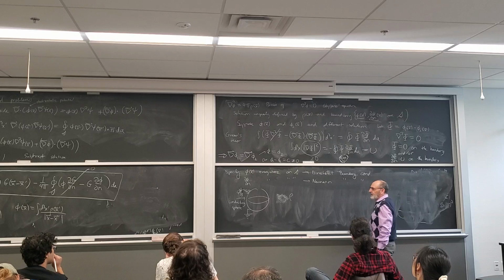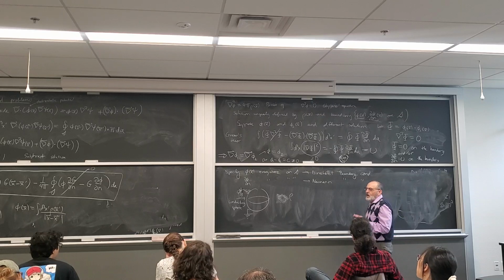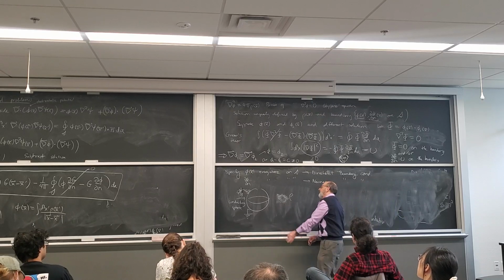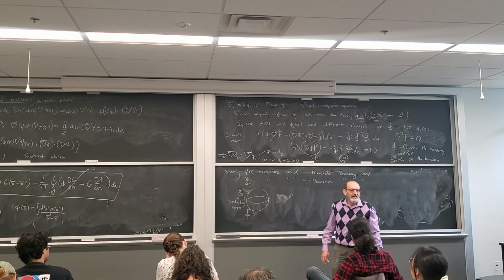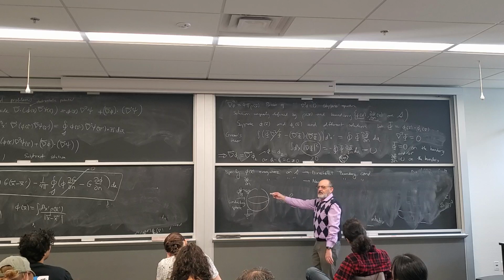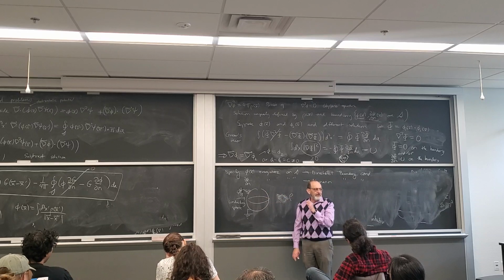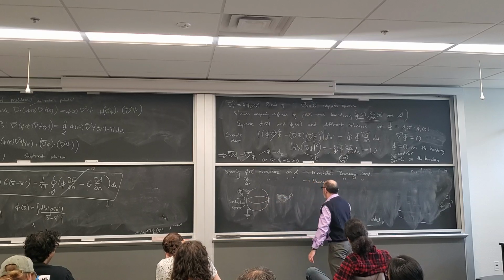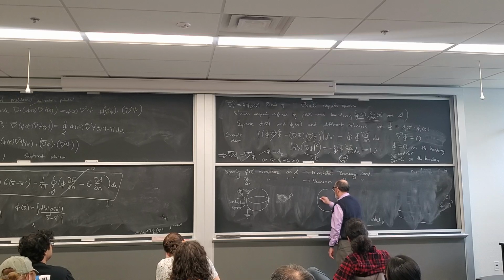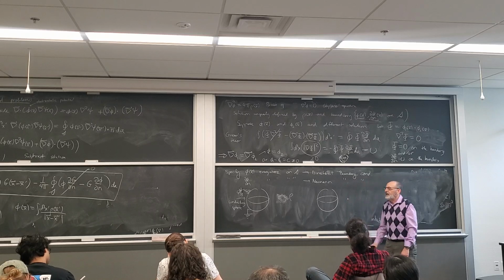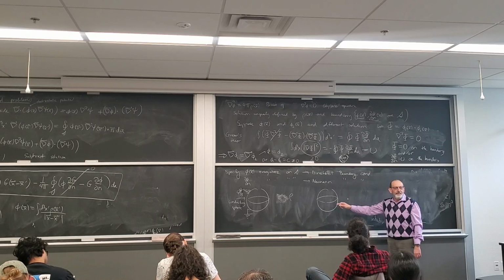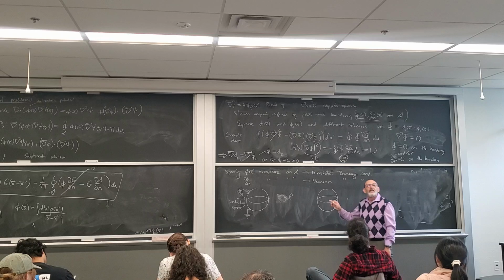How would I do it? Well, the first thing is I find the Green's function associated with a point charge with this conducting sphere that's grounded. So the Green's function is the potential associated with a point charge that is sitting next to the sphere at some point.